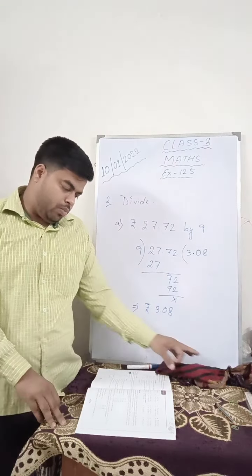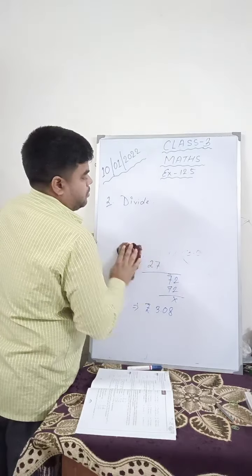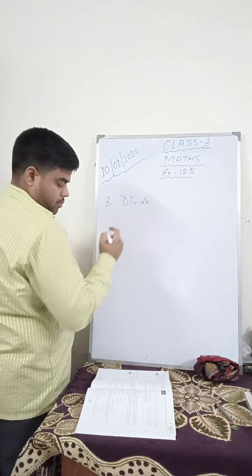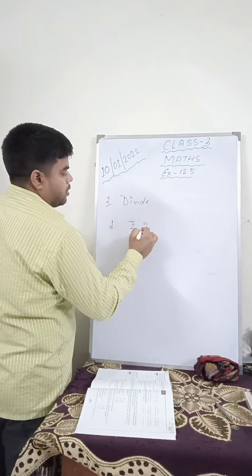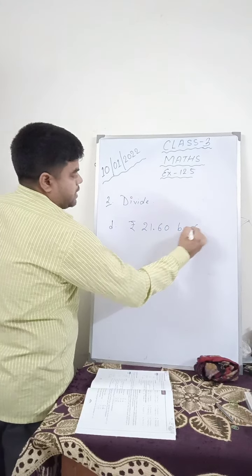Next, let me show you one more. Suppose number D. Rupees 21.60 divided by 6.